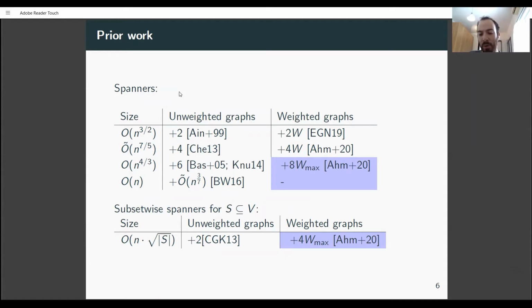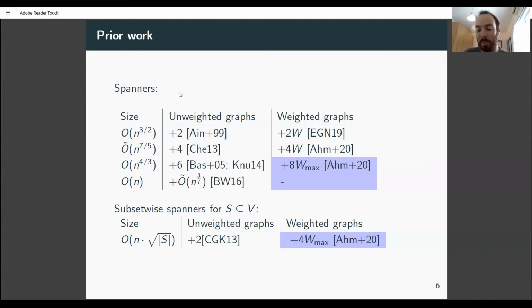And we will now go through some prior work. In the following table, you can see a comparison between the prior state-of-the-art additive spanners for weighted graphs and unweighted graphs with the same size. As you can see, the +2 and +4 have a matching construction for weighted graphs with +2W and +4W, exactly like we want.